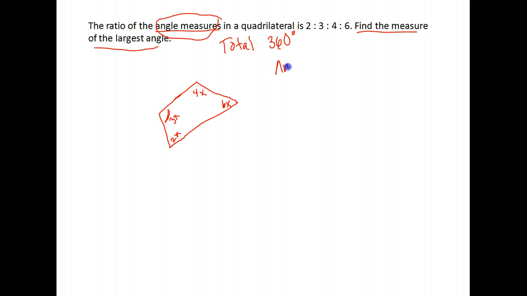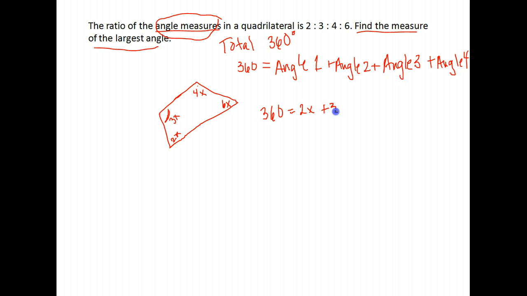So when I add all four angles together, angle 1 plus angle 2 plus angle 3 plus angle 4, all together those total 360. So let's do that because we have to have an equation to solve for our x. So our 360 is equal to 2x plus 3x plus 4x plus 6x. And we go from there.